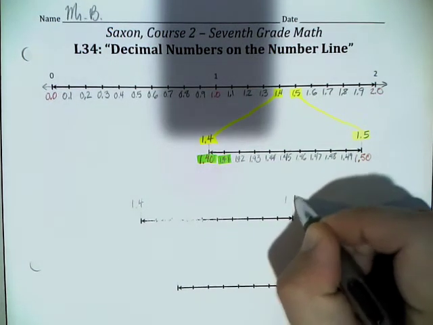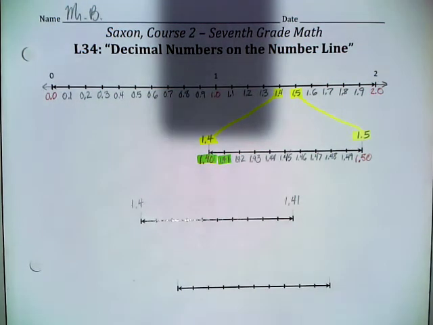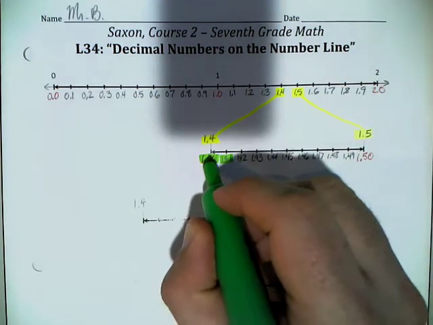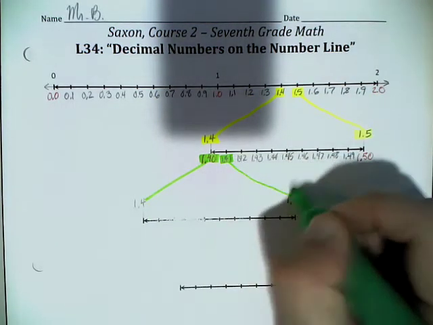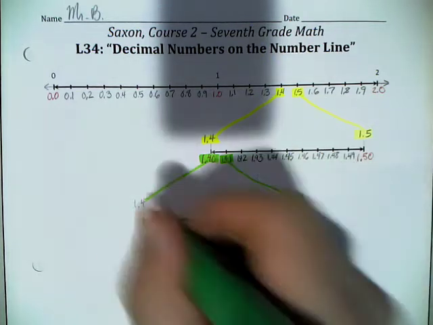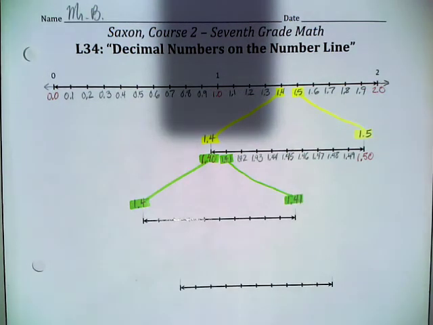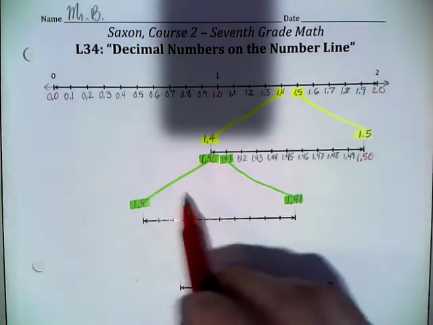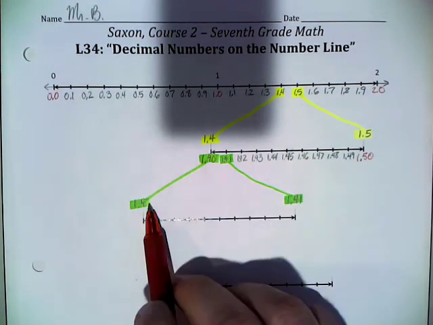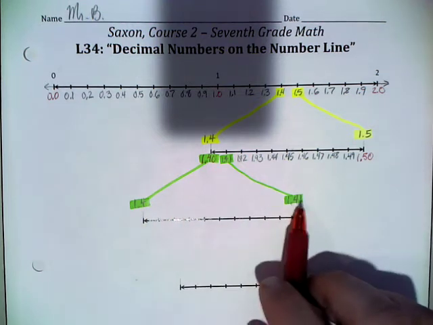I'm going to put my 1.41 there. And so I'm going to then draw and highlight these as well. Now, first of all, it was 1.4 that comes down here, but this is 1.41.